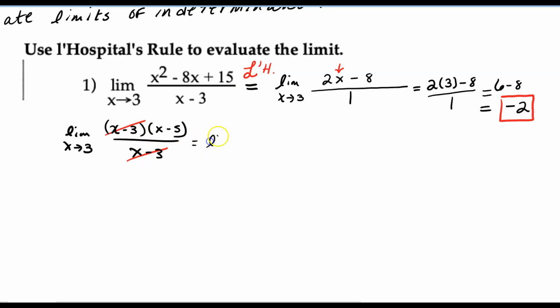Then you end up with the limit as x approaches 3 of x minus 5. Now you can plug in 3, and you get 3 minus 5, which is -2. As you can see, it does match. But the algebraic manipulation route was probably a lot harder, and it's probably a lot harder if you're dealing with something that maybe has a radical in it. So keep that in mind.